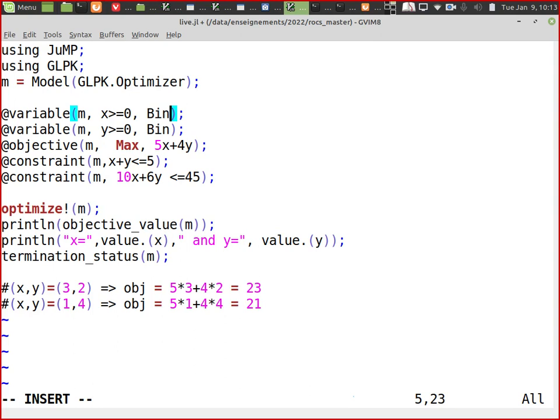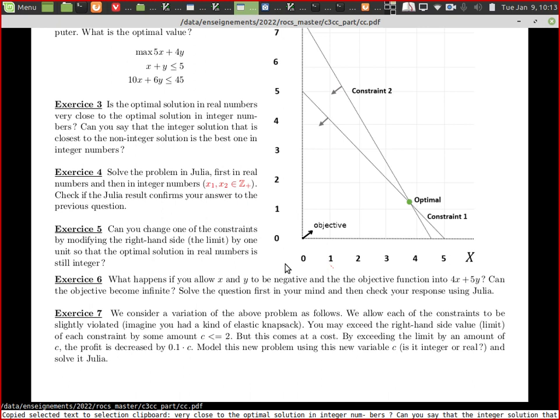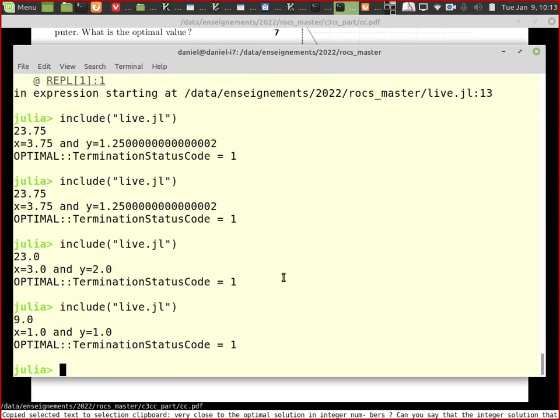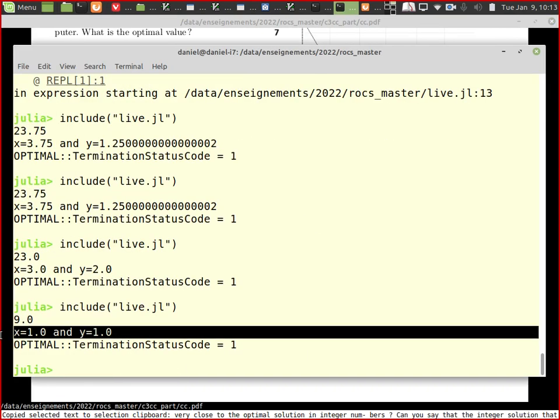It makes not much sense to solve this in binary variables, because this means x can be 0 or 1 and y can be 0 or 1. In this case, I think it will give the solution 1, 1. Let's test it to be sure, but yes. It does not make much sense in this case to use binary variables.